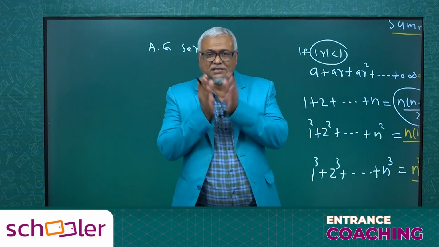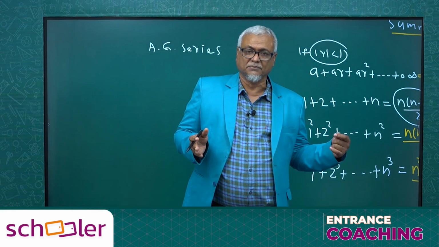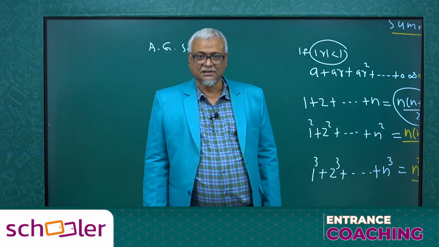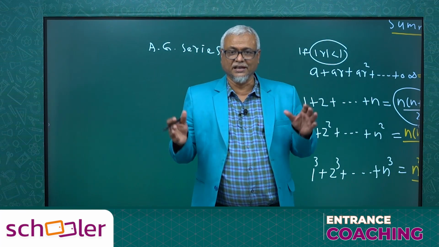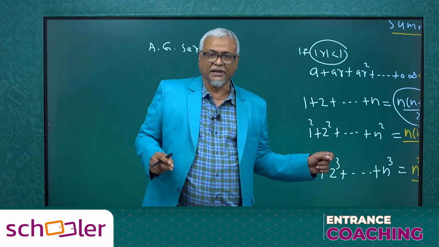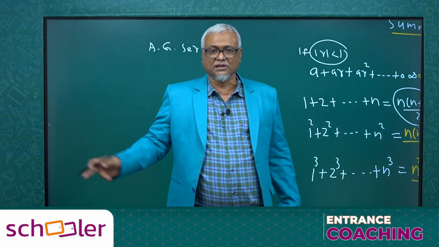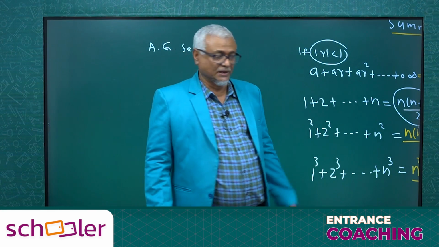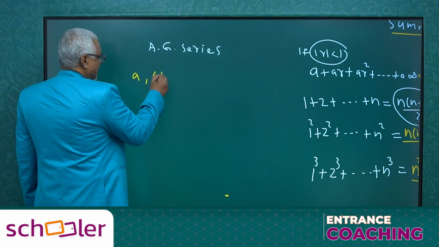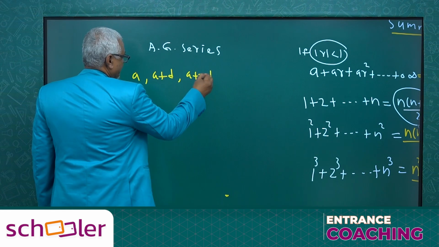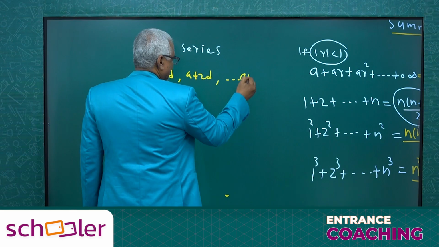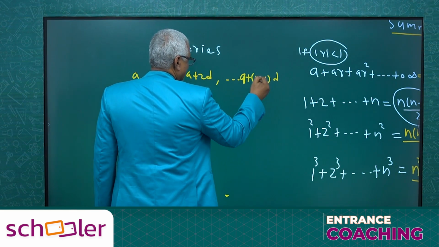In this series, each term is the product of a term from the arithmetic progression and the corresponding term from the geometric progression. What is an AG series? The series consists of terms containing a term from an arithmetic progression multiplied by the corresponding term from a geometric progression. Suppose a, a plus d, a plus 2d, etc., a plus n minus 1 into d.